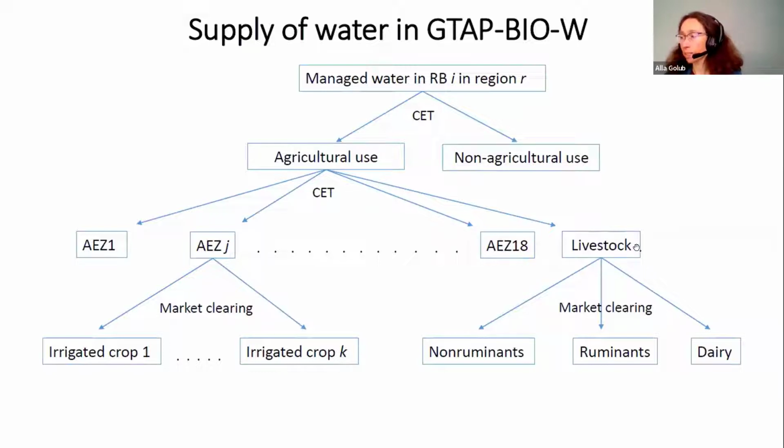Then at the very bottom of the tree, water can move freely across irrigated crops within each agroecological zone. Similarly, water moves freely among non-ruminants, ruminants, and dairy sectors within the aggregated livestock sector. There is a market clearing condition for water within each agroecological zone and within the aggregated livestock sector.